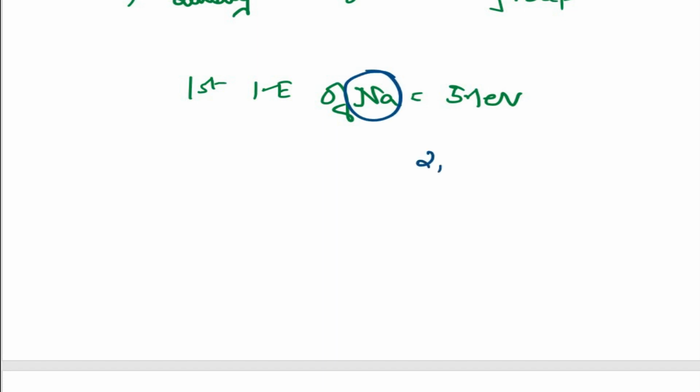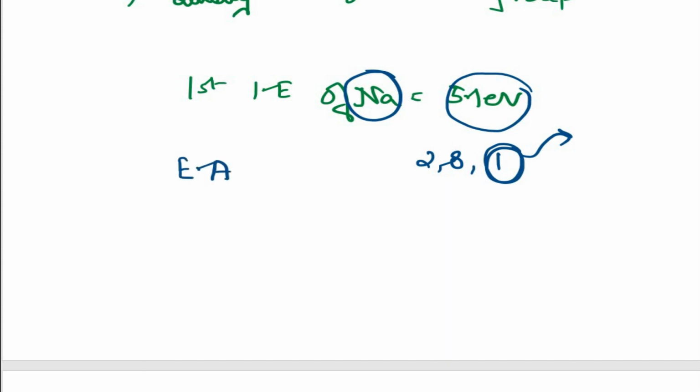Which means if sodium has an electronic configuration of 2, 8, 1, then the energy required to remove this one electron from its outermost shell is your ionization enthalpy. That is given to you as 5.1 electron volt. The question asked is: what will be its electron gain enthalpy or electron affinity?